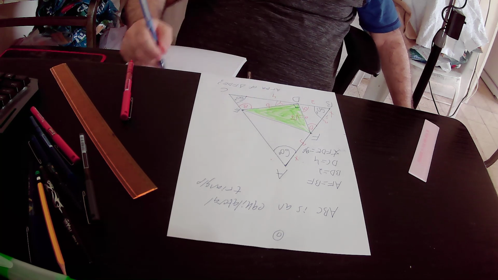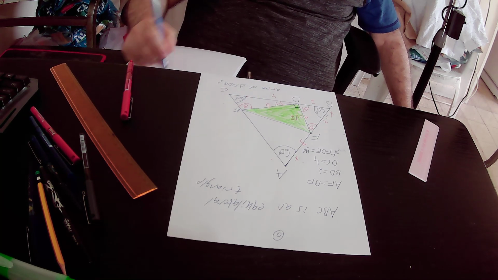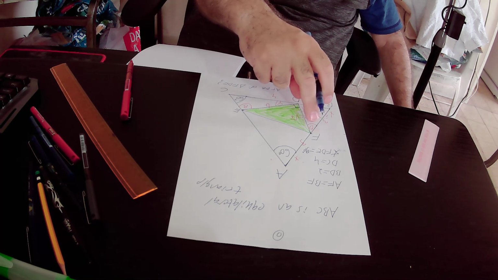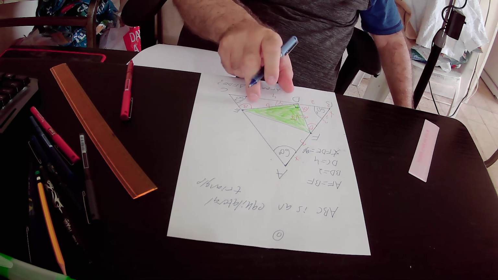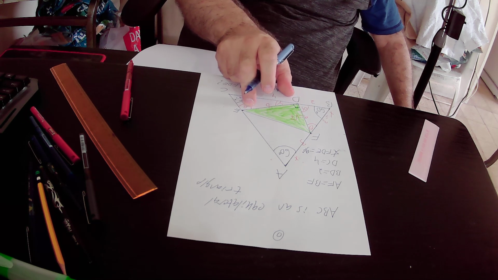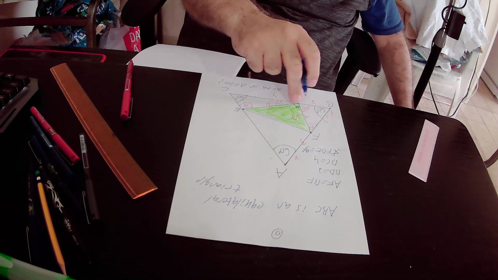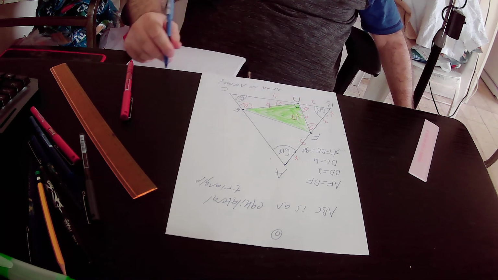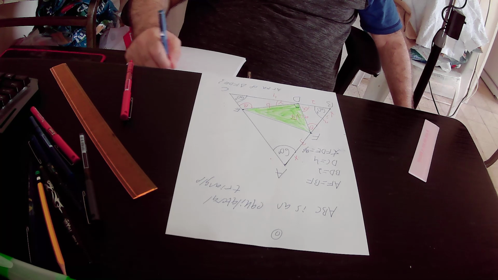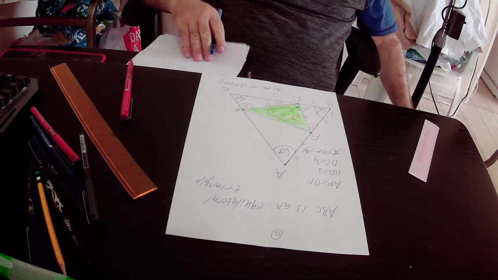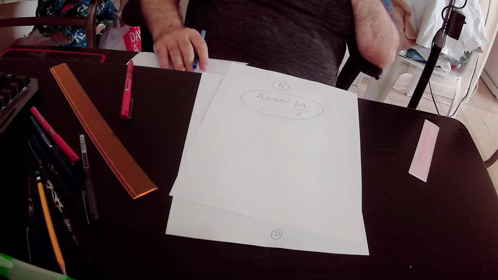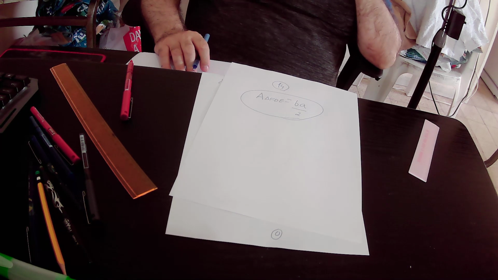The area of the green triangle FDE will be equal to the base times the height over 2. The base of the triangle is B, the height of the triangle is A, because A creates 90 degrees with the base B. So it is B times A over 2 square units. That is the formula for the area of the green triangle FDE, A times B over 2.